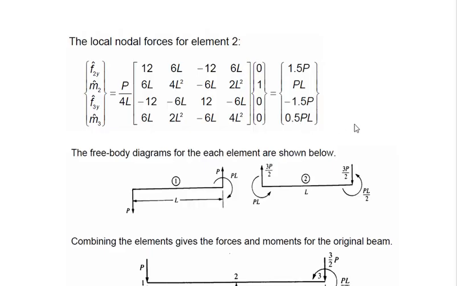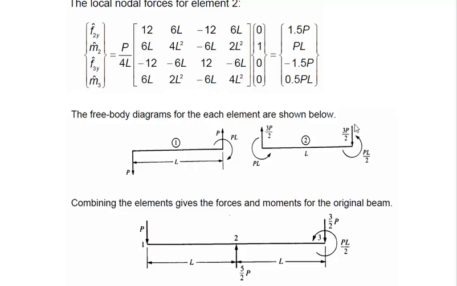Now we have the element forces and moments, so we can draw these diagrams where these forces and moments are marked on the element. So this is element number 1, this is element number 2, and the forces we have just calculated, we have marked them on these elements. For example, for element number 2, the forces and moments are visible here, so we can see how these are marked. 1.5P, it's positive, so in the upward direction at this node, and the moment is PL and it's positive.